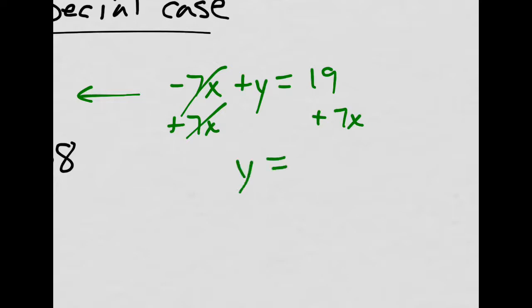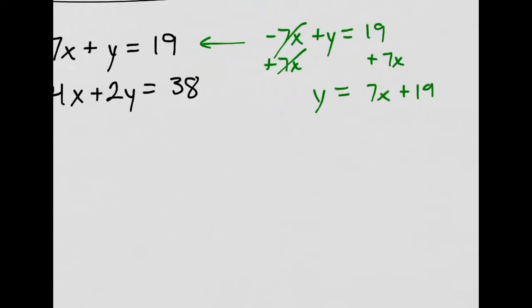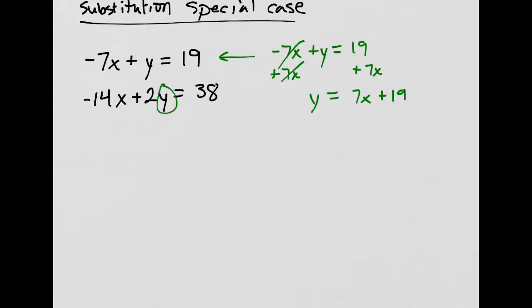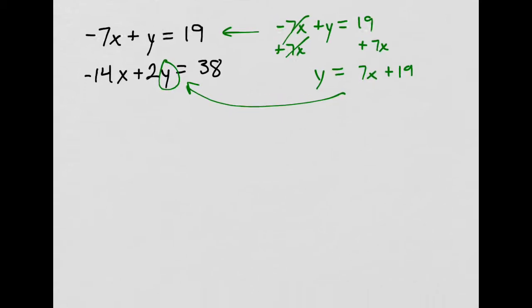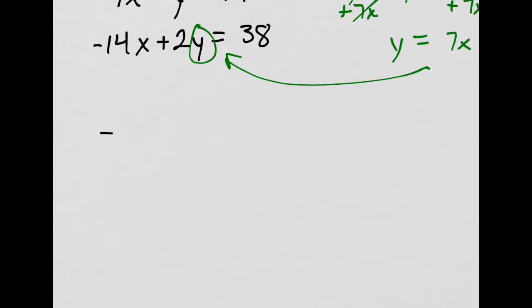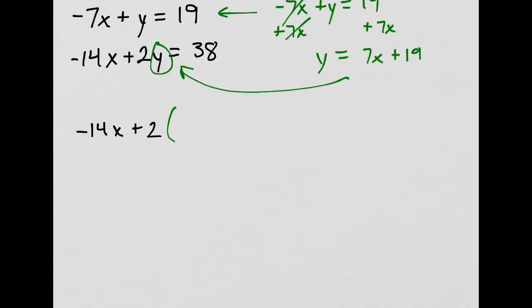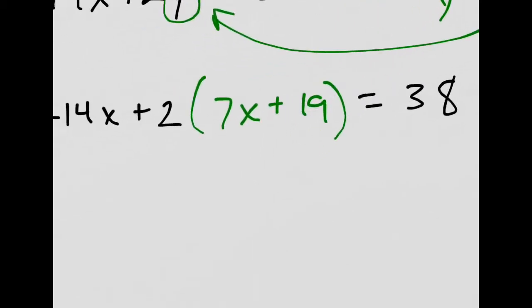Those are not like terms, so I can just write 7x plus 19. Great, take that, plug it into this. So I would get negative 14x plus 2 times 7x plus 19 equals 38.